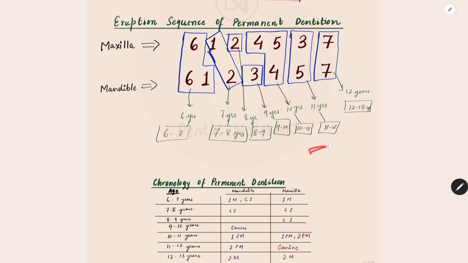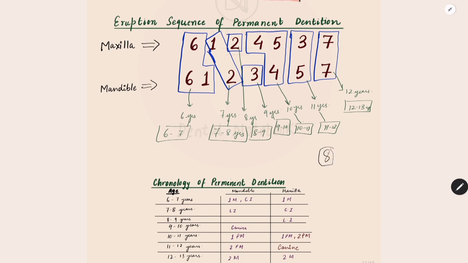And from 12 to 13 years of age, the second molars of both mandible and maxilla form.